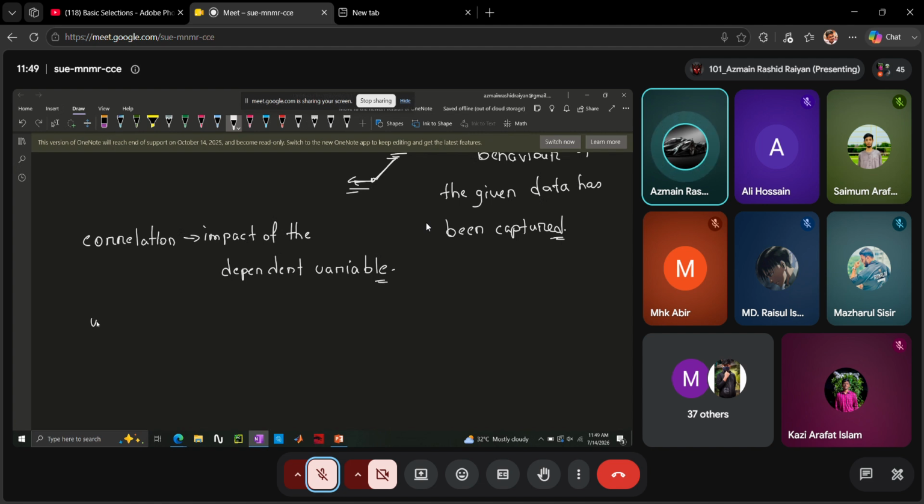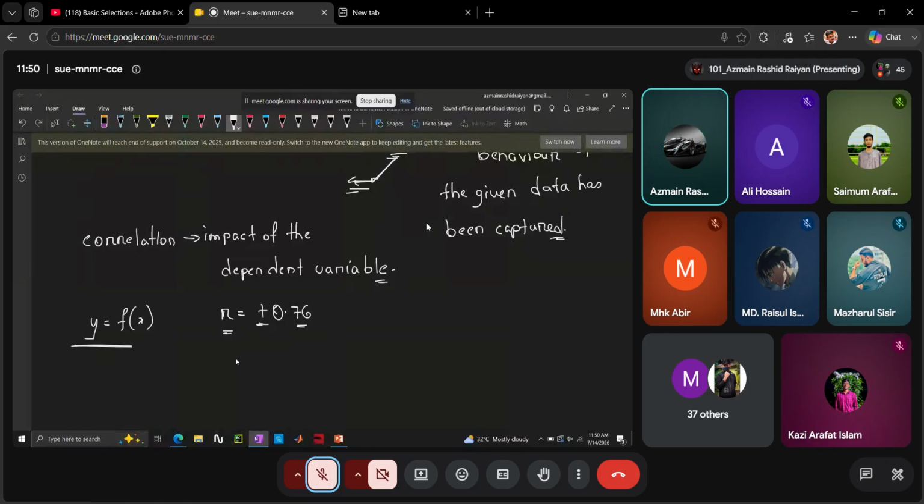So let's say you have made a regression model. Let's say your regression model is somewhat like y is equal to f of x, and your correlation coefficient r is equal to plus 0.76. Just assume that the correlation coefficient is plus 0.76.